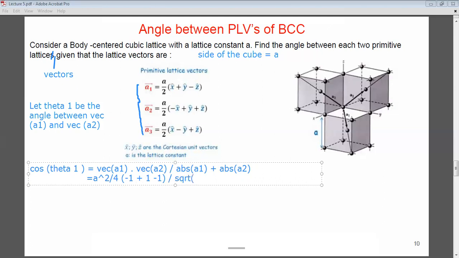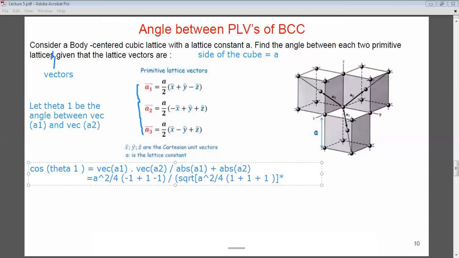divided by what I have in the denominator, and that's square root of. So what is the absolute value of vector A1? It is square root of A squared over 4 into 1 plus 1 plus 1, right? So I have the square root of this one times the square root of the other one.